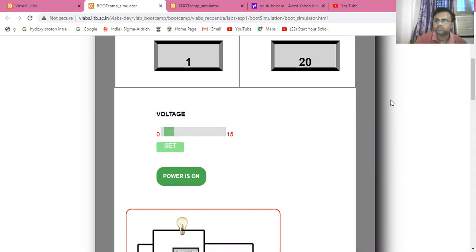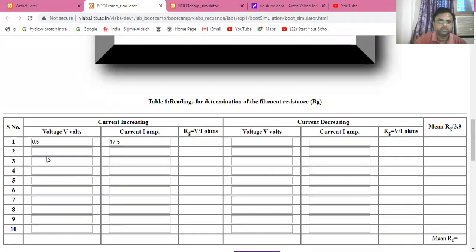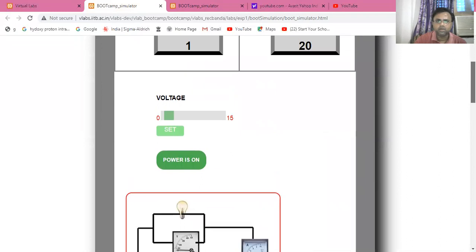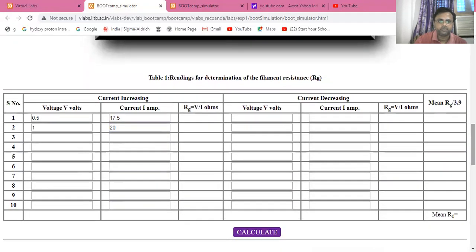At 1 volt the current is 20 milliampere. Now we set 1.5 volt. At 1.5 volt, it is 22.5.